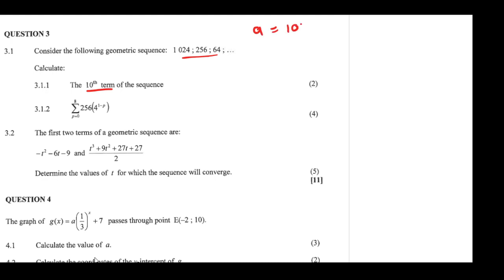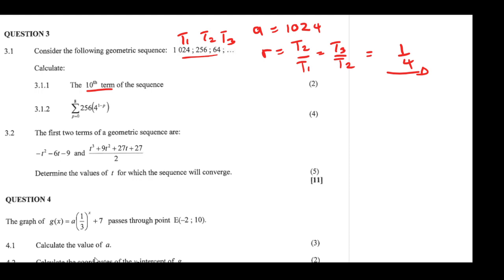A value is 1024, and then our r is equal to term number 2 over term number 1, which is equal to term number 3 over term number 2. We divide that out, and we get r equals 1 over 4. Please check and confirm, but I found r to be 1 over 4.